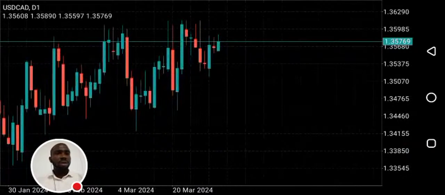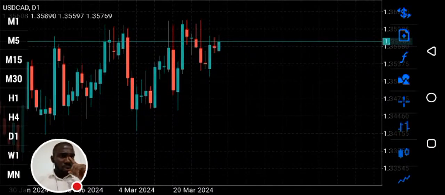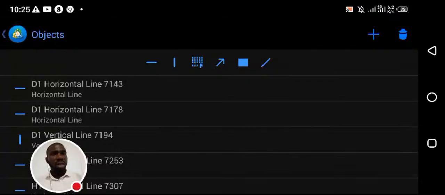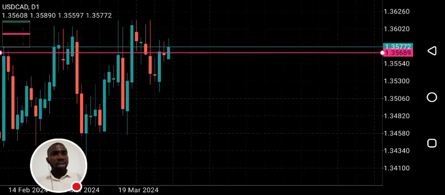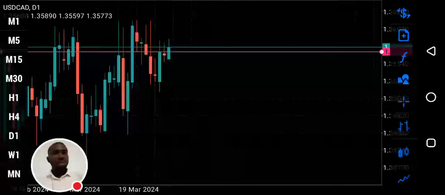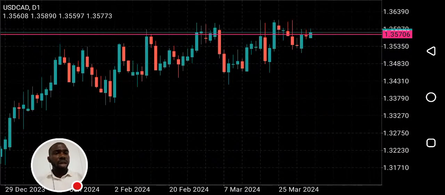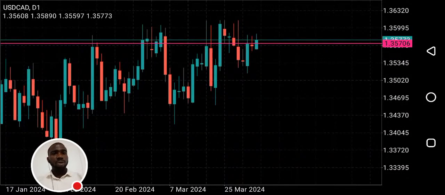You can see yesterday's candle closed as a spinning top and formed a resistance today, and right now the market is trading above that resistance level. That indicates that we have more bulls than bears, so we should be considering buying.